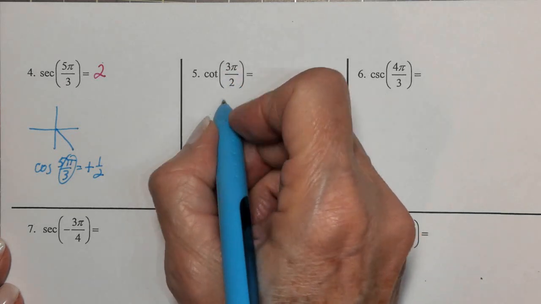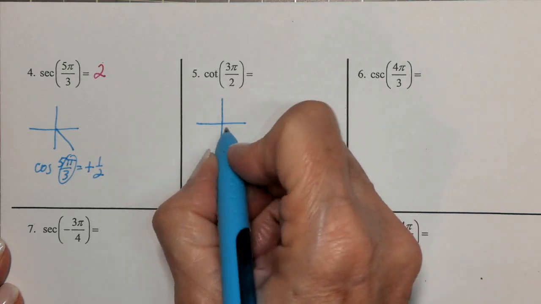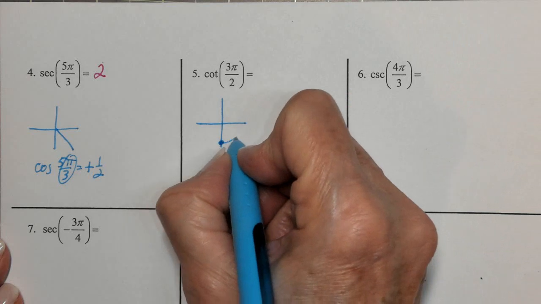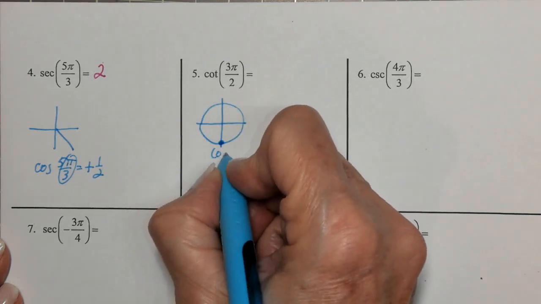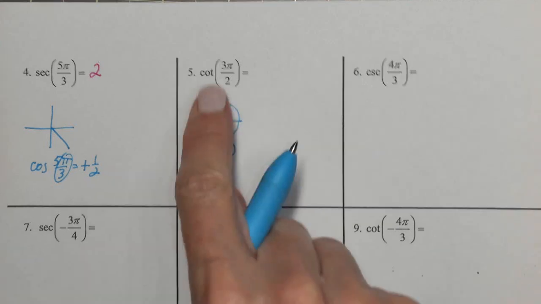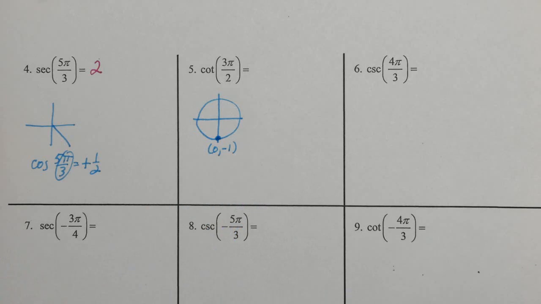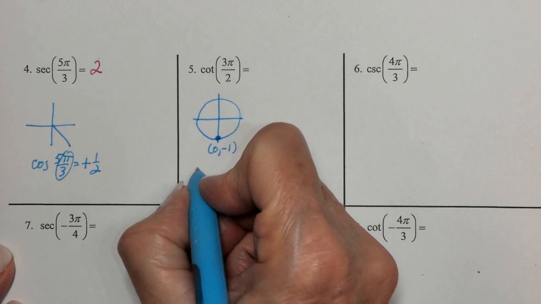Cotangent of 3 pi over 2. Where's 3 pi over 2? 3 pi over 2 is right on the axis, right? And that point on the unit circle is 0, -1. So for axes, I prefer to think of not the reciprocal of tangent, but instead cosine over sine for cotangent.